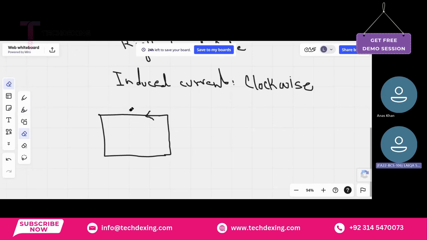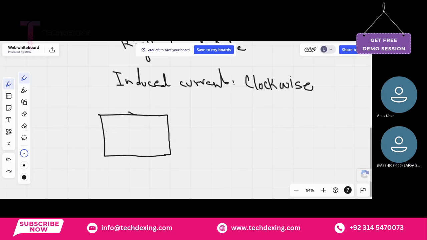If I draw the current moving from right towards the left, it will come down from here, then go up to this point. Is it clockwise or anti-clockwise? This is anti-clockwise. It means that this is not the correct direction that I have given.